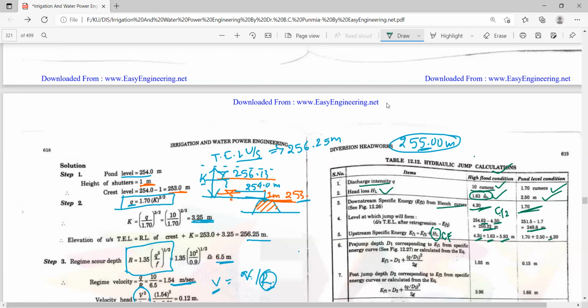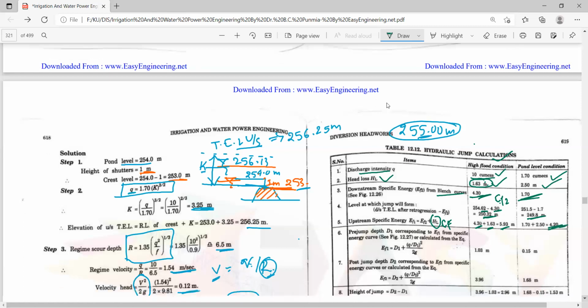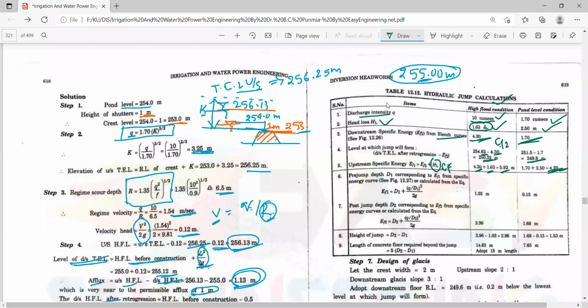Similarly for this case also. After getting this upstream specific energy, we need to calculate the depth corresponding to the specific energy on the upstream side. So D1 we need to calculate.